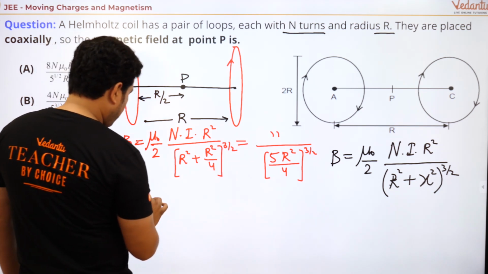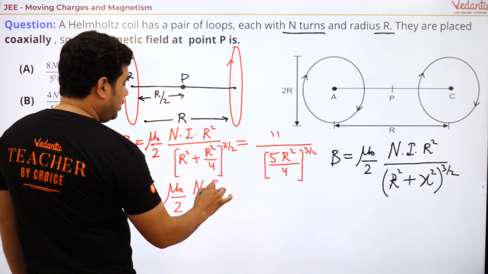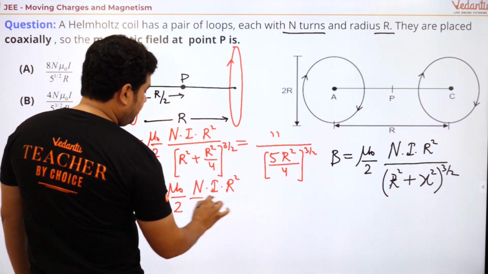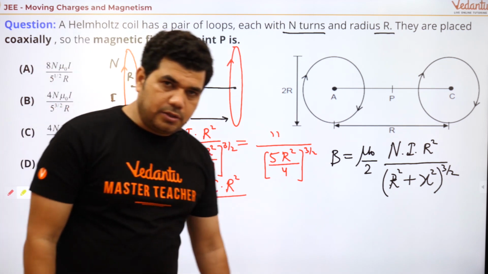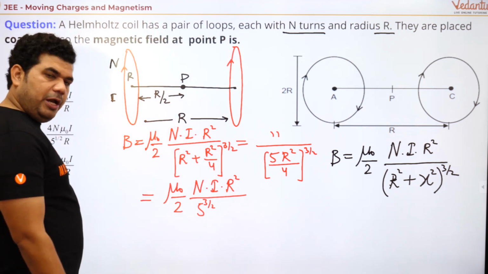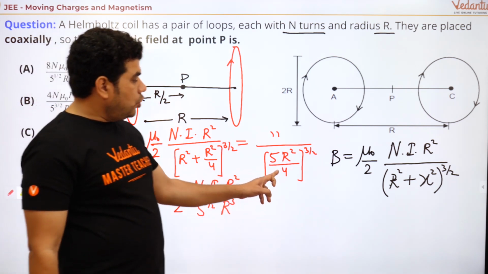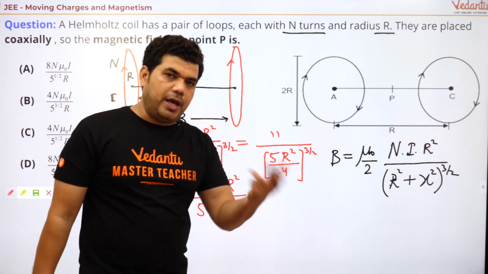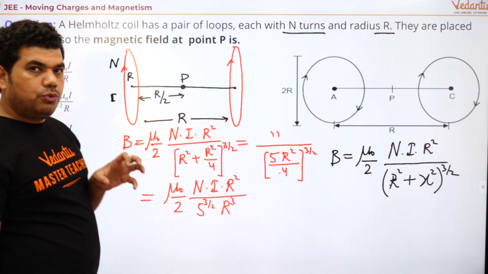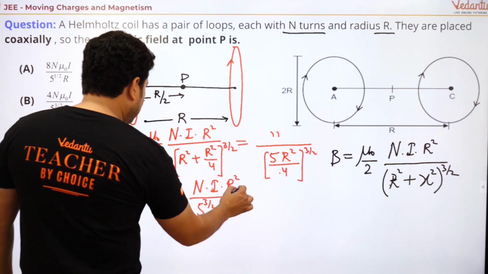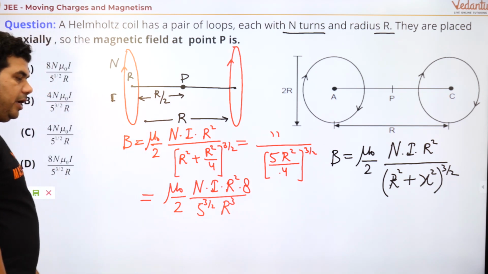So here we can say mu naught divided by 2 n I r square, here 5 to the power 3 by 2, isn't it? Yes, 5 to the power 3 by 2 r square, so r cube, and here 4 can be written as 2 square, then 2 square power 3 by 2, 2 will be cancelled out, 2 cube, and 2 cube means this is 8, and the 8 goes from the denominator to the numerator, it will be 8.